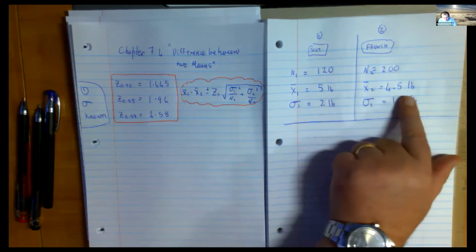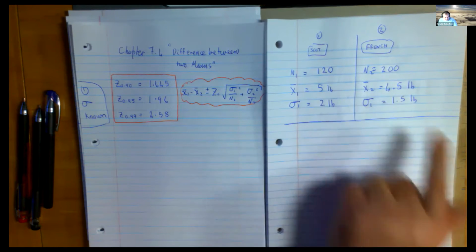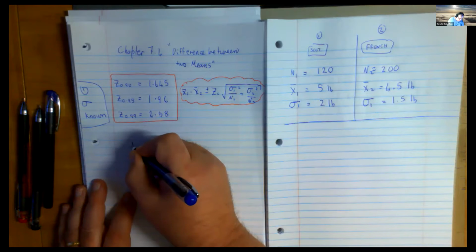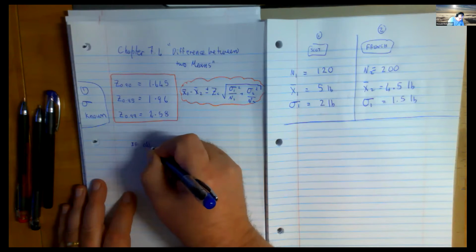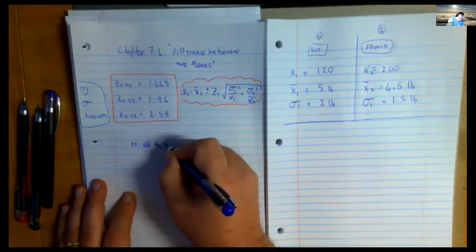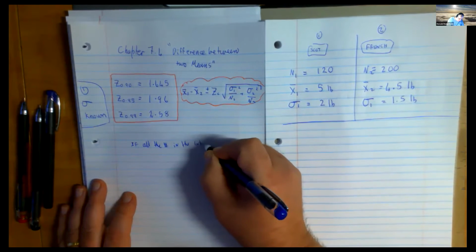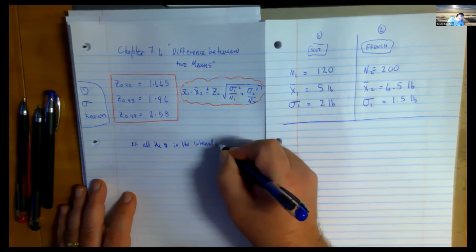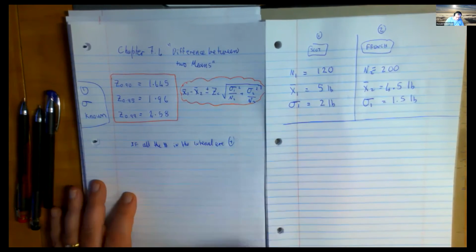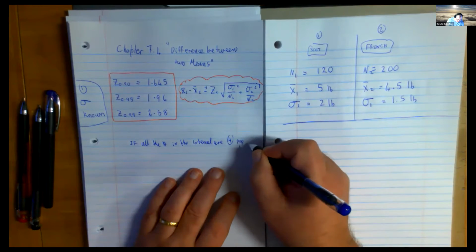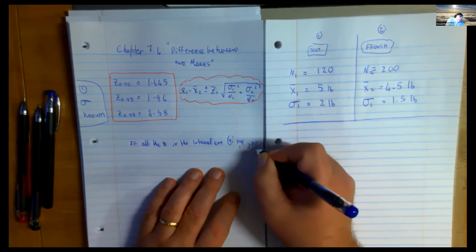So how will we be able to tell when we're finished? Well, we'll be able to tell because of this property. If all the numbers in the interval are positive, then population 1 is bigger than population 2.